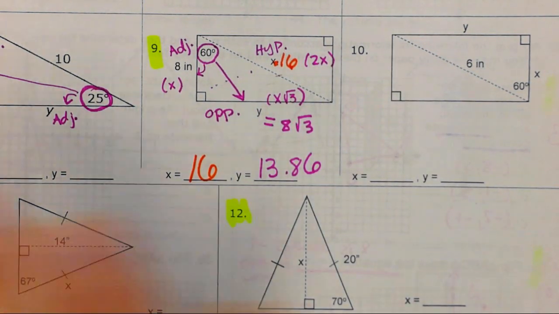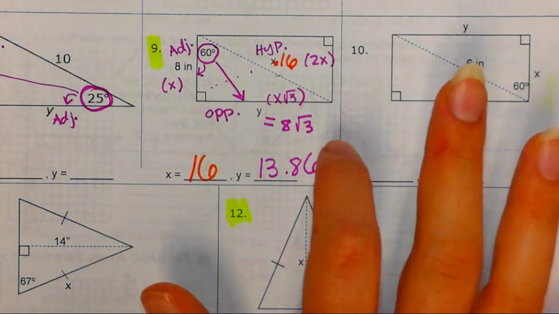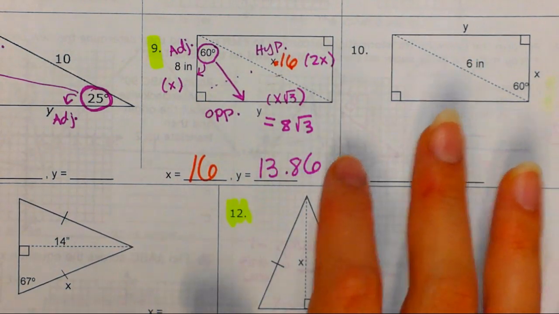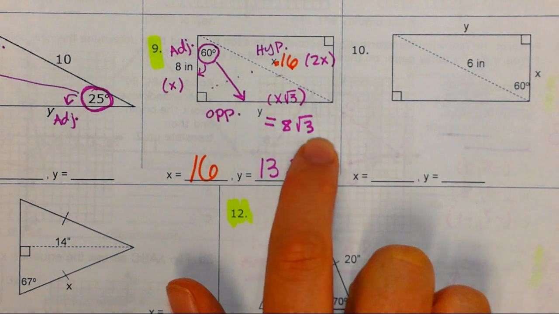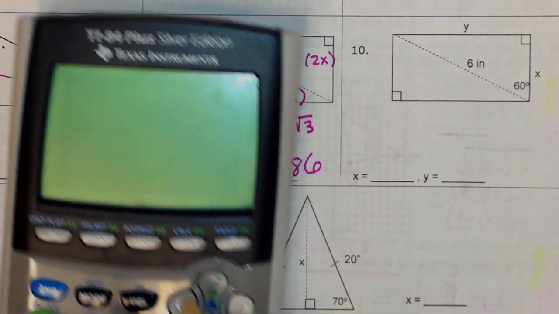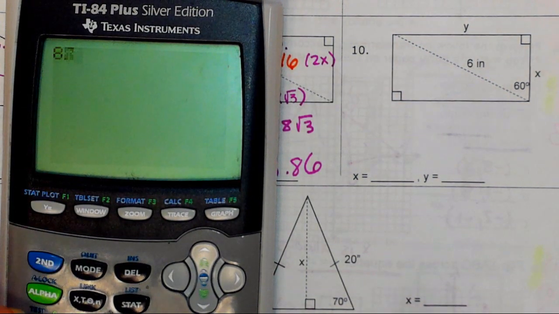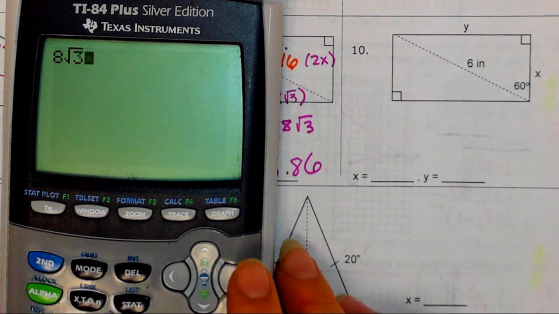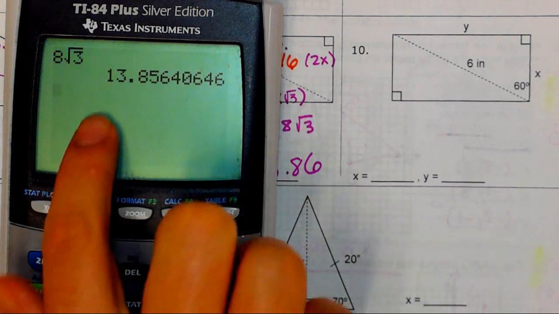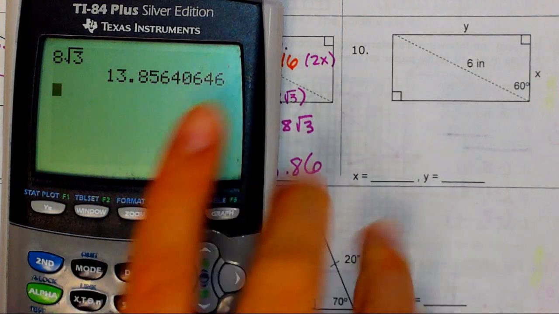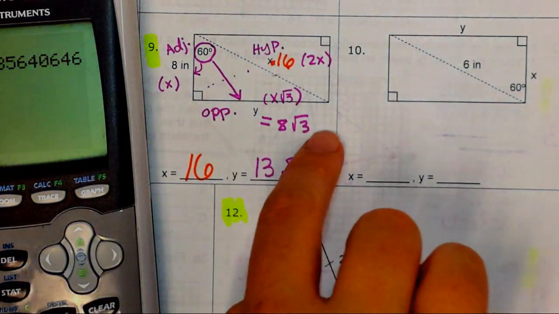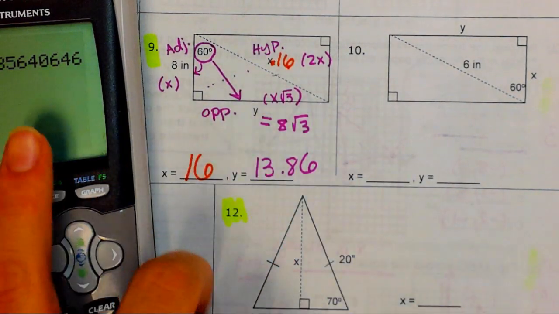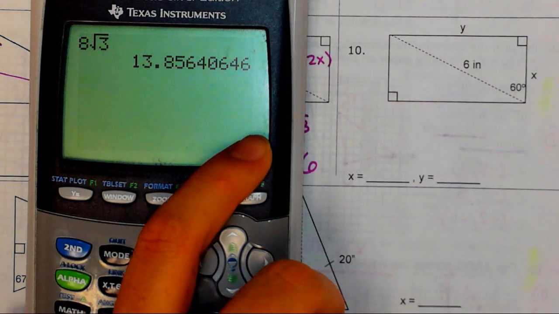Now, if you are more comfortable with SOHCAHTOA and you don't like special right triangles, that's fine. Your answer choices might be in square root form. That's also fine. You can convert them to a decimal by just typing it into your calculator, and it'll give you your decimal result. So if your answer choices are not in the format that you want, convert them to decimals and find which one matches yours.